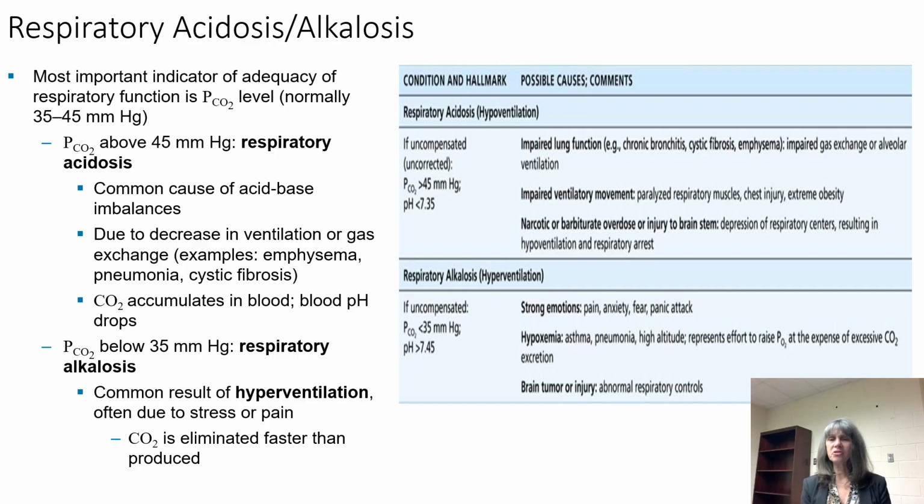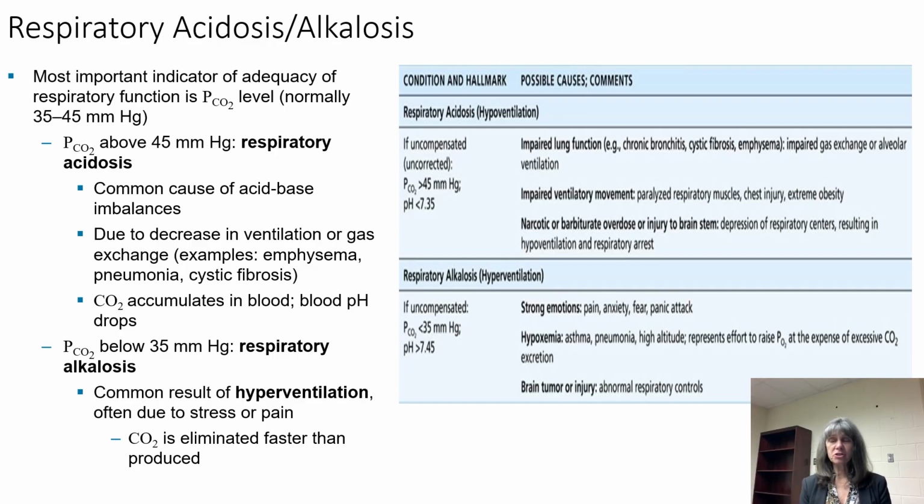It can also be due to an overdose of narcotics or barbiturates or brainstem injury where the respiratory centers are depressed, resulting in either hypoventilation or even sometimes respiratory arrest. And again, there's going to be an accumulation of carbon dioxide in the blood, and that will cause blood pH to fall. Respiratory acidosis, lower blood pH.